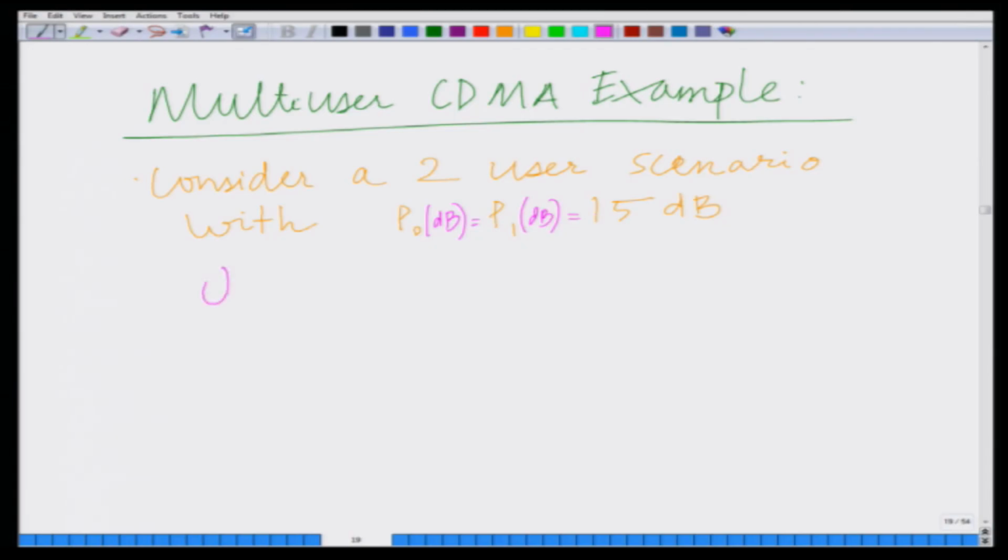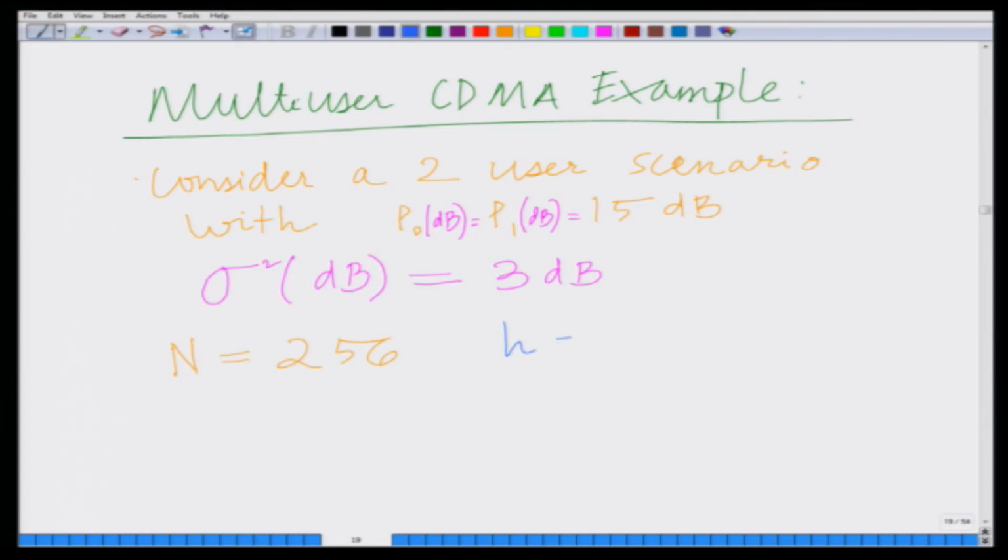Similarly, let the noise power in dB, sigma square dB, equal 3 dB. Further, we have the code length n equal to 256.